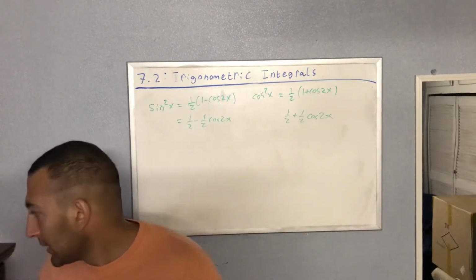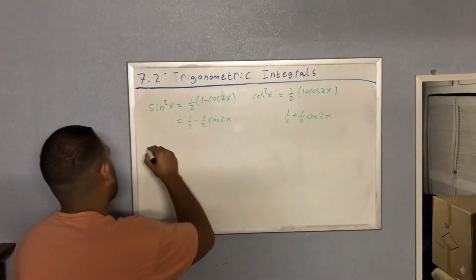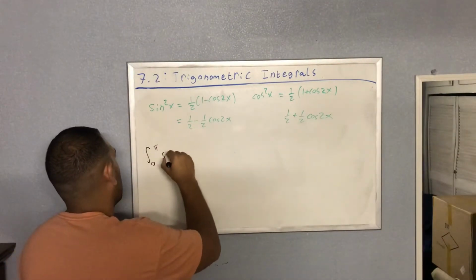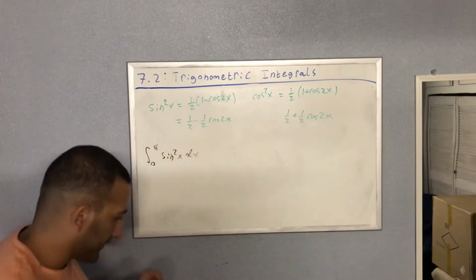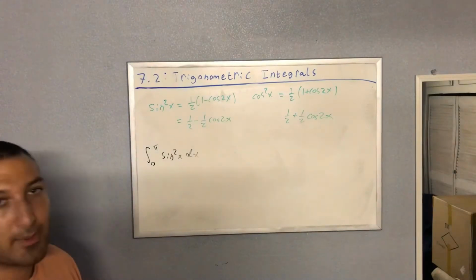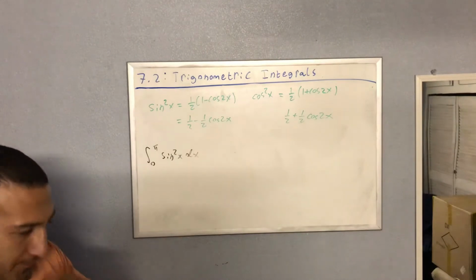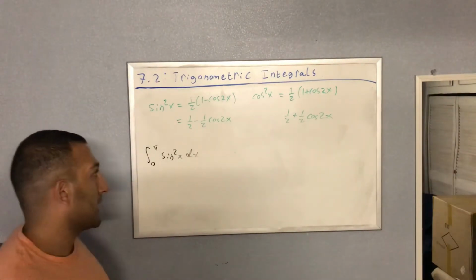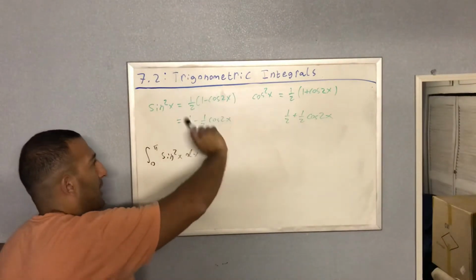Okay, so let's say we want to find this integral now. The integral from 0 to pi of sine squared x. This integral looks pretty tame, but with our known methods, we still don't know how to do it. But if we use this identity, it's perfect now.